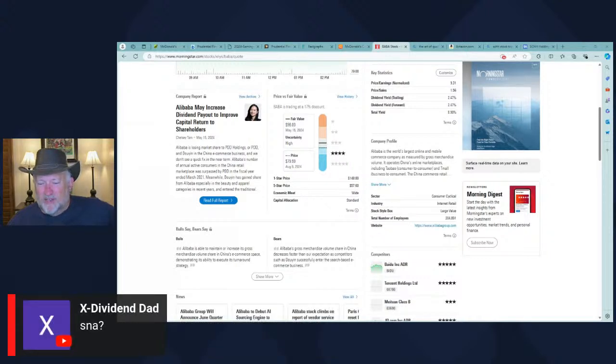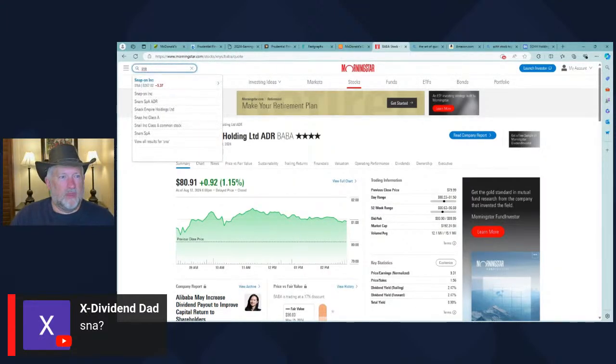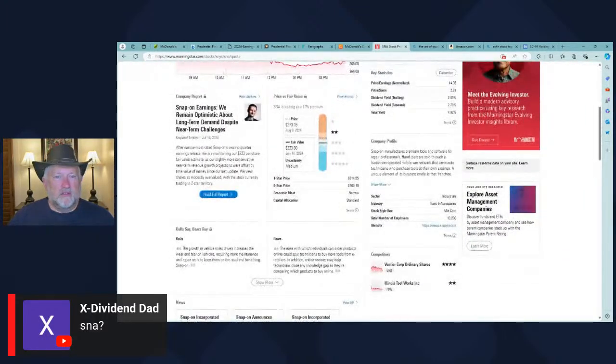We have ex-dividend dad wanting to know about SNA. I think that's Snap-on, right? I don't have them on my watch list, so let's go take a look at SNA. According to Morningstar, they're at a 17% premium.